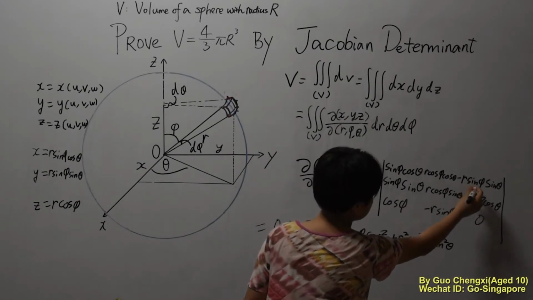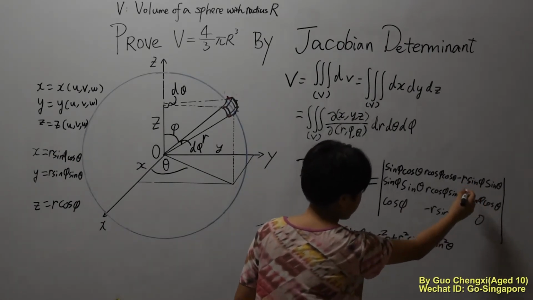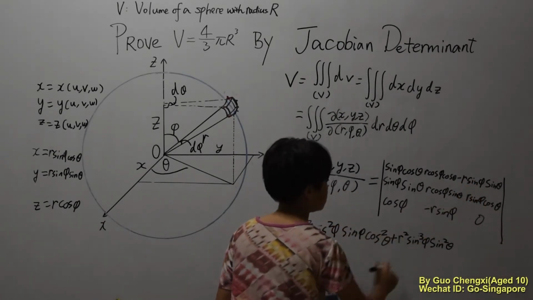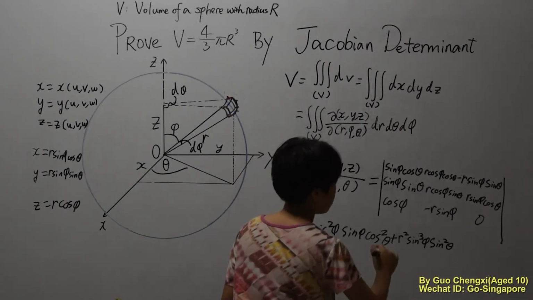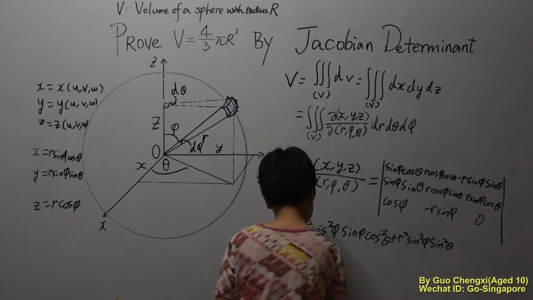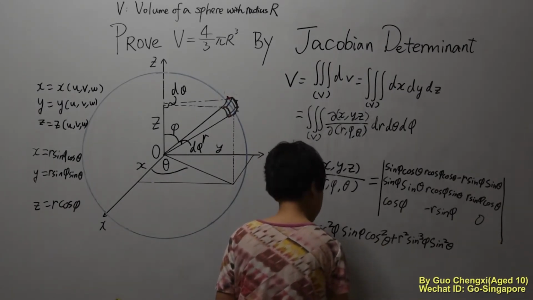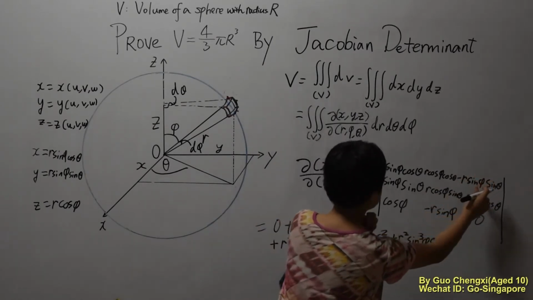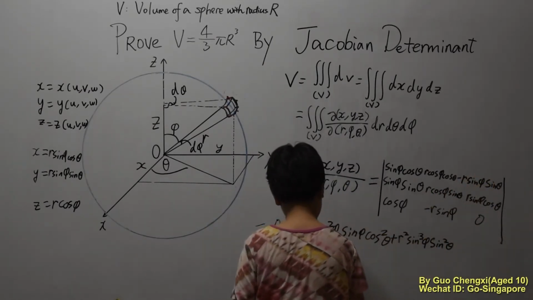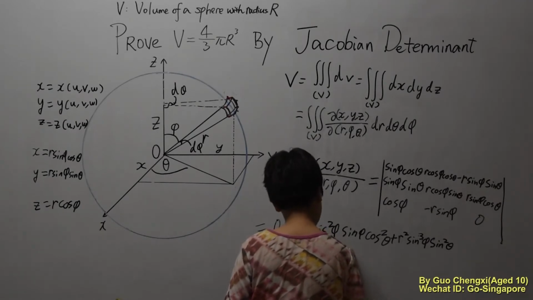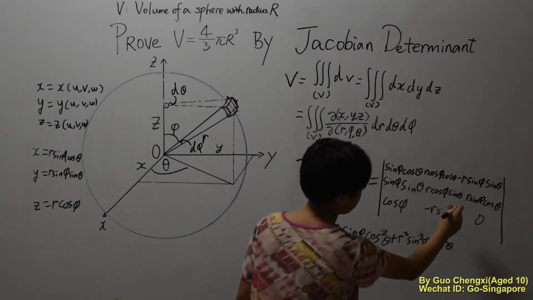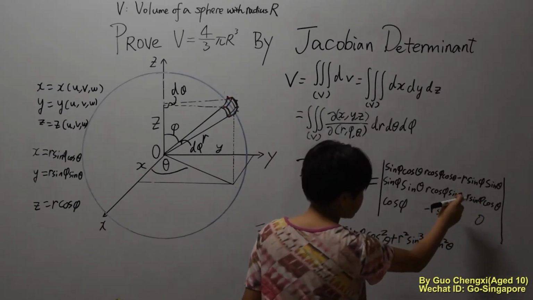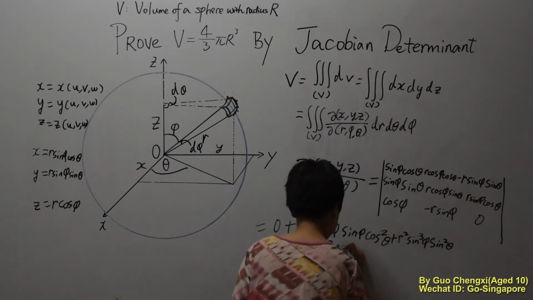And then after that, this part r square sine phi, and then after that cosine square phi, and then after that the theta will become sine square theta.